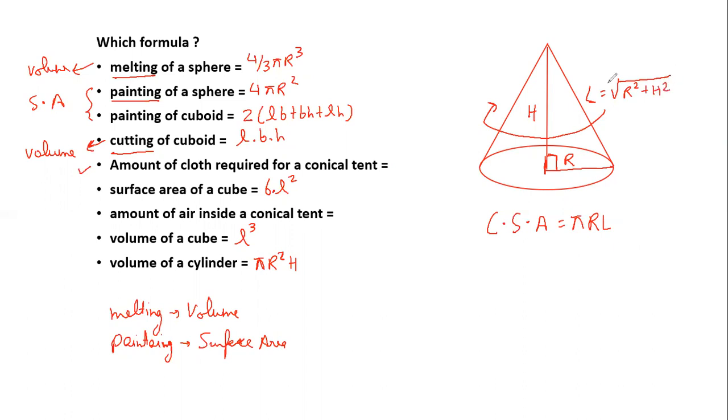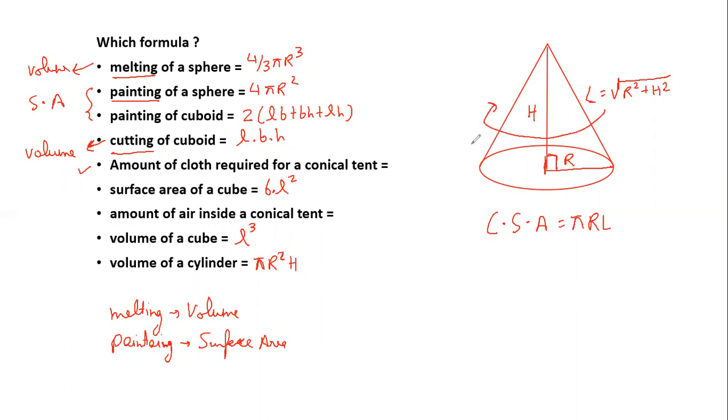We already did Pythagoras theorem. So if you want to write the formula in terms of r and h, in place of L you can use under root r square plus h square, and that will give me the formula for the curved surface area.